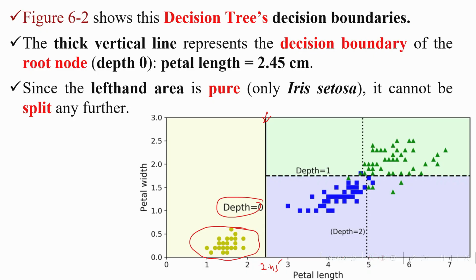Since the left area is pure, with all elements belonging to the same class, it cannot be split further. On the right-hand side, there is a combination of iris versicolor and iris virginica. There is impurity there, so we can apply further splitting.